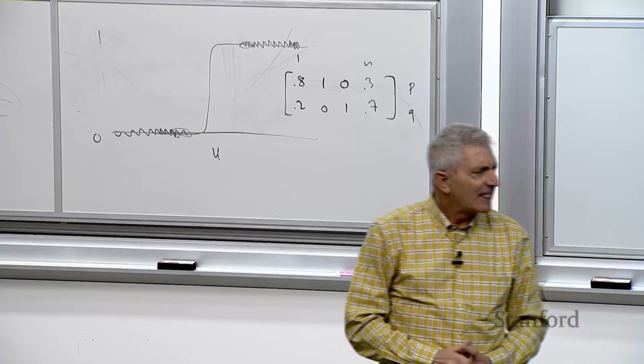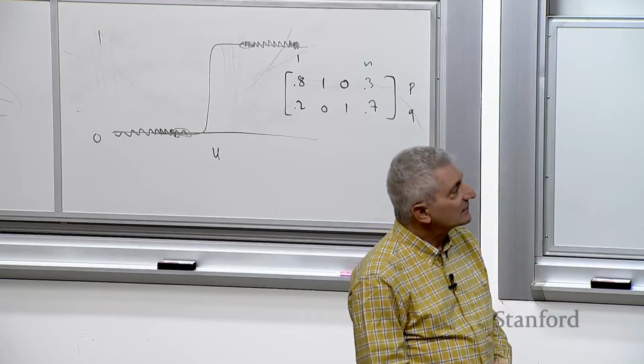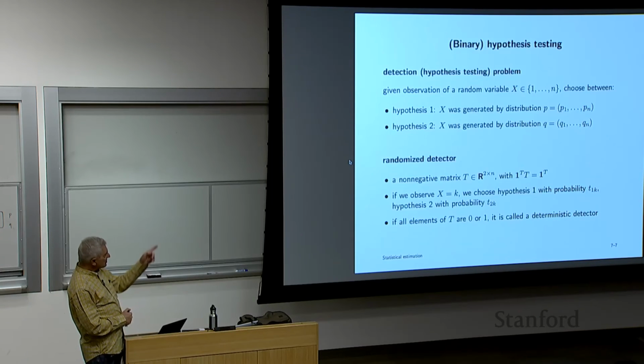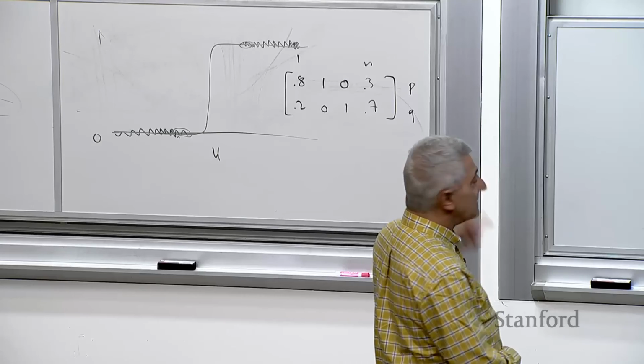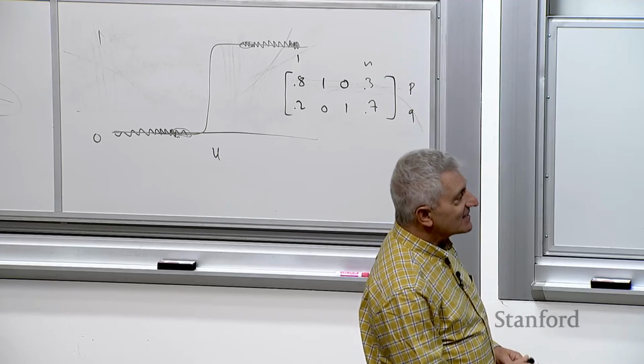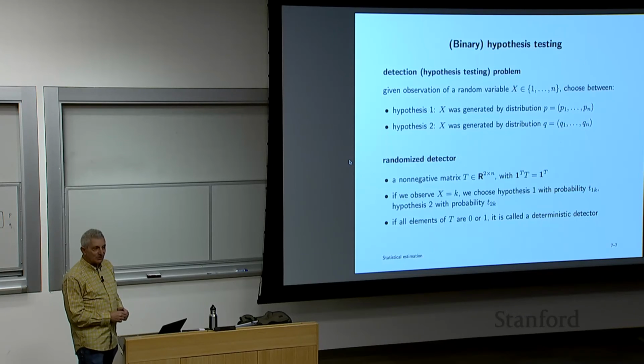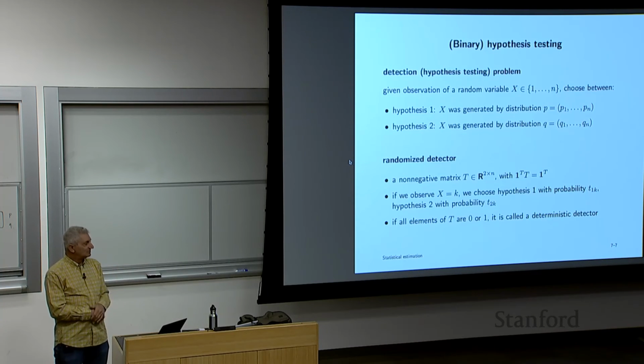Isn't P a distribution and Q a distribution? Yeah, those are n numbers that are non-negative and add up to 1. But here they don't add up to 1. This is a detector matrix. This is not a probability distribution at all. P and Q do have those properties: the sum of the P_i is 1, the sum of the Q_i is 1.